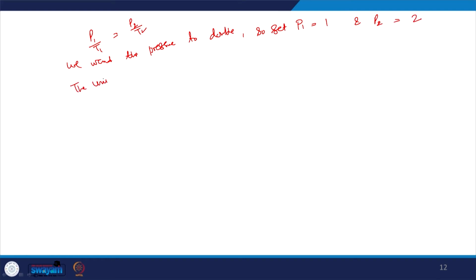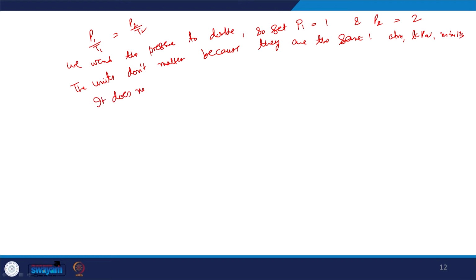The units don't matter because they are the same, that is atmosphere, kilopascal, whatever, mm Hg, torr. It does not matter which one you use.